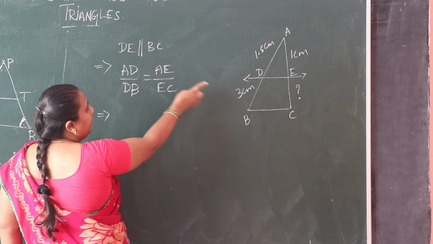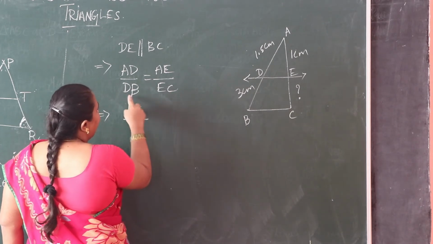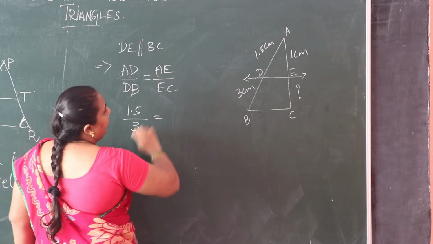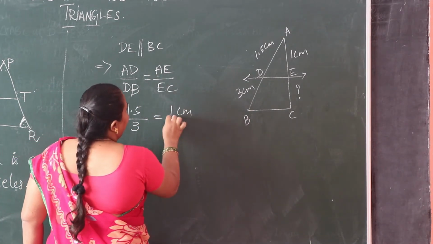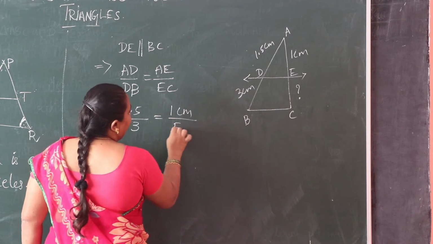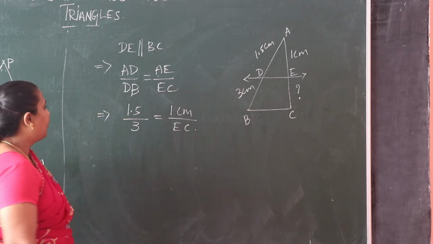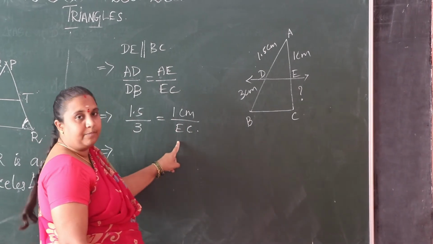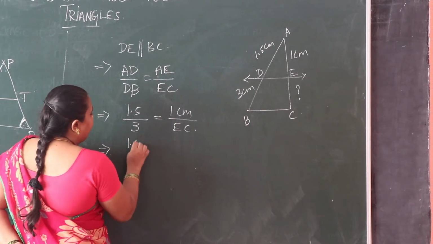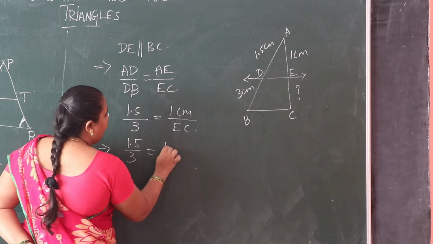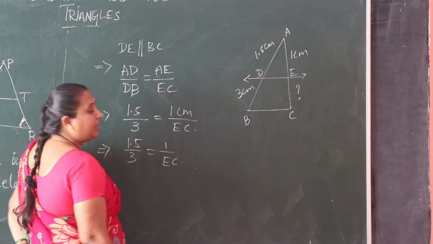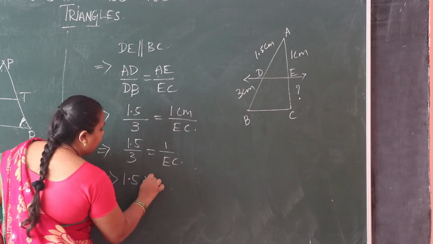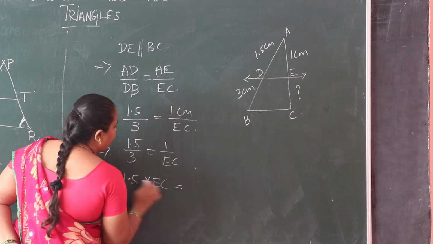We have AD equals 1.5 centimeter, DB equals 3 centimeter, AE equals 1 centimeter, and EC we want to find out. So 1.5 by 3 equals 1 by EC. Now we cross multiply: 1.5 into EC equals 3.